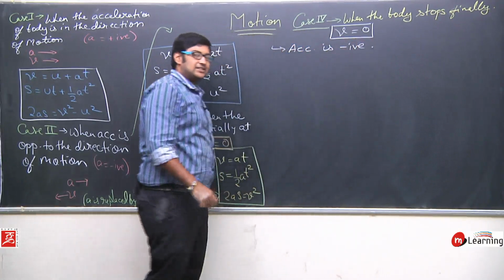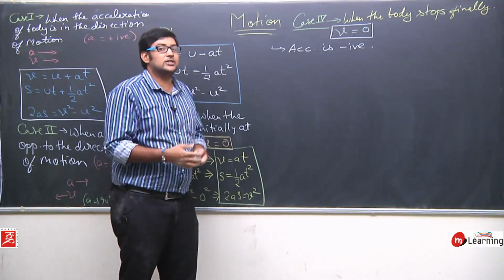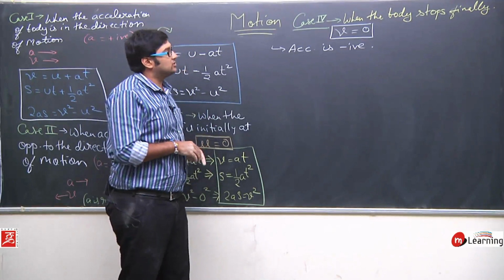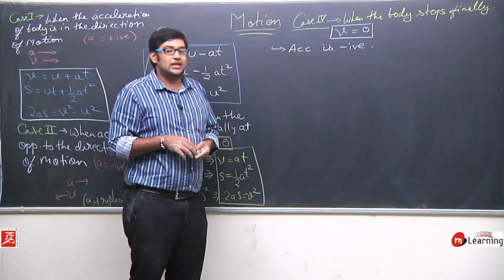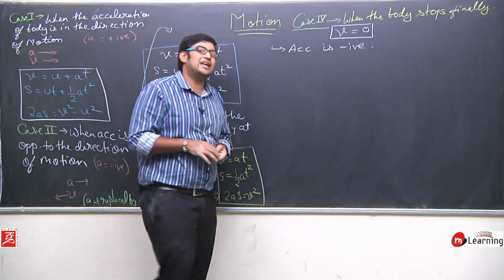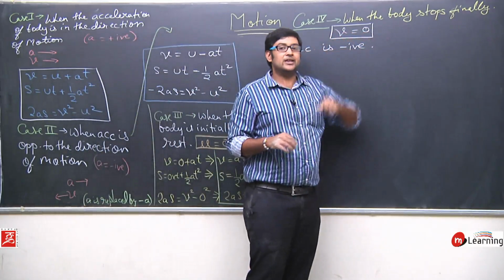The acceleration is in the direction opposite to the direction of motion. Only then will the velocity finally become 0, since we are considering uniformly accelerated motion. So here acceleration will be negative.